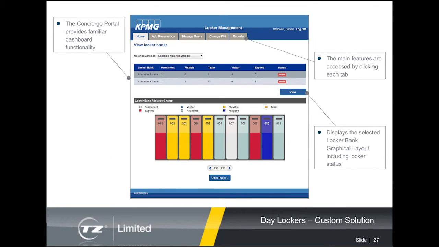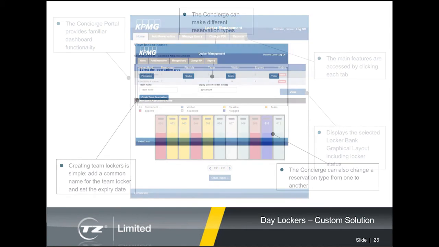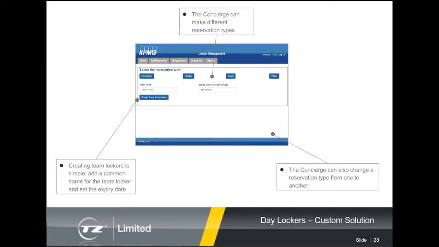The concierge portal provides more features to assist managing locker reservations on behalf of employees and visitors. Here we can see the additional status of lockers denoting their use. Reserving lockers via the concierge portal is a simple process. It requires the selection of a locker owner, the selection of an appropriate reservation type, and some basic details of the reservation.